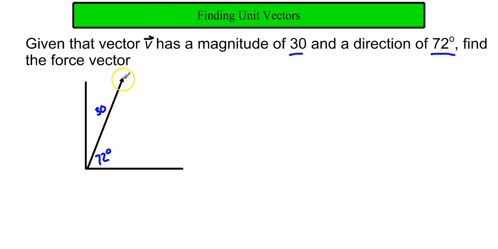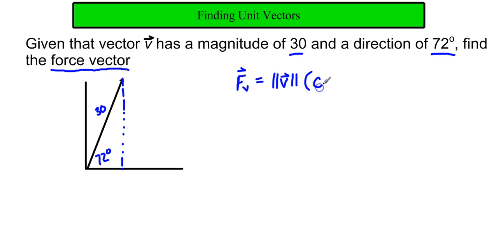Alright, so what I want to do is create this right triangle again. And we want to write this as a force vector. In general, a force vector looks like this. We'll label that F, and this is the force vector with respect to v. What we do is multiply this by the magnitude of that vector, and we want to multiply that magnitude by what we know about these different components.